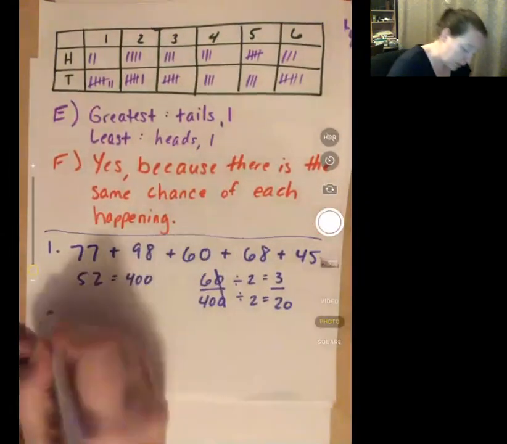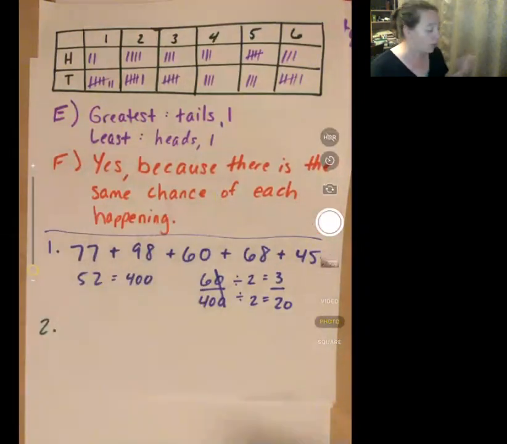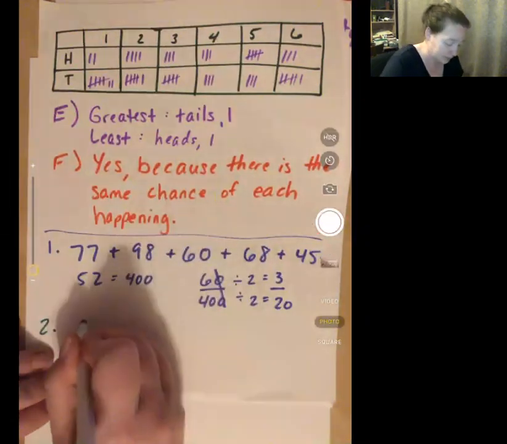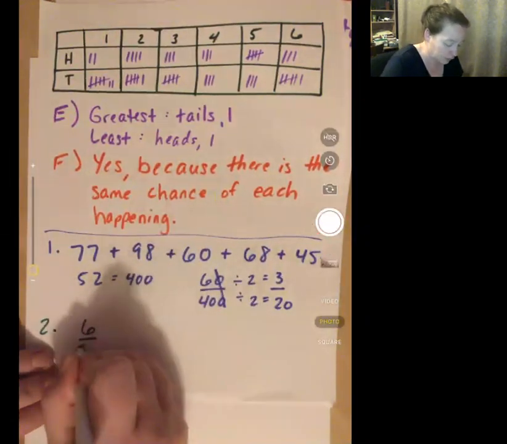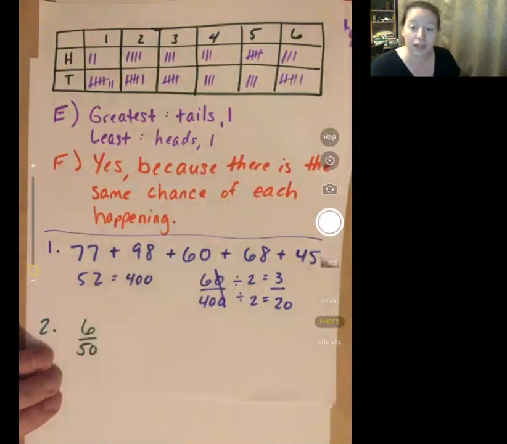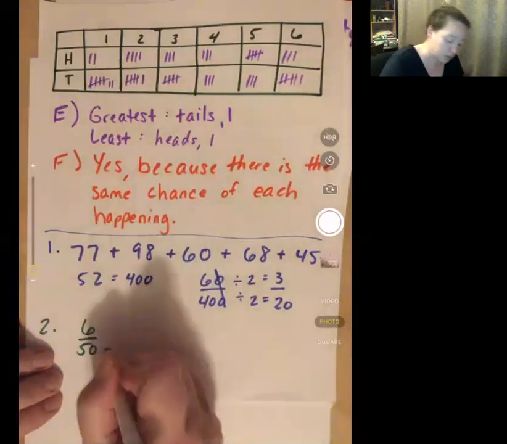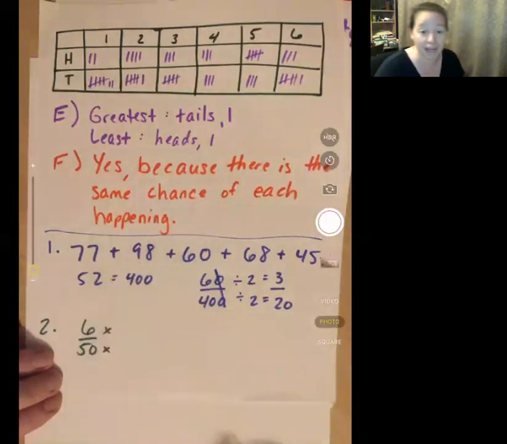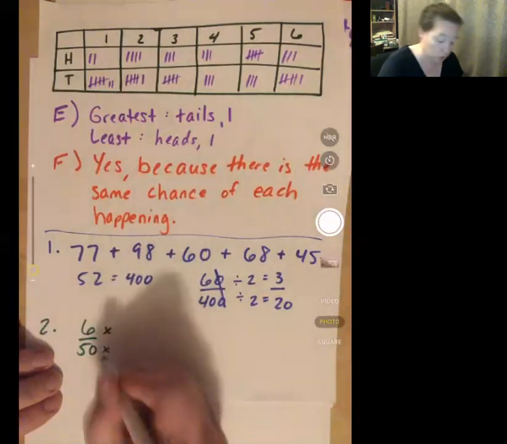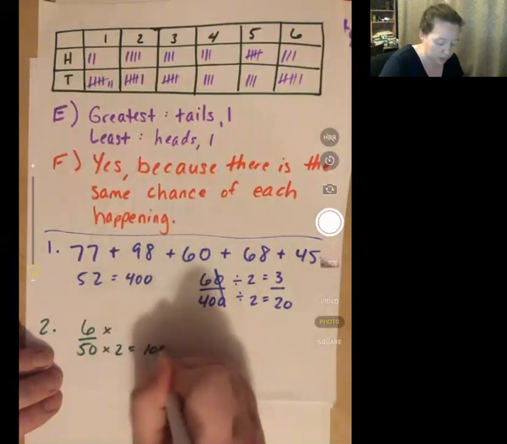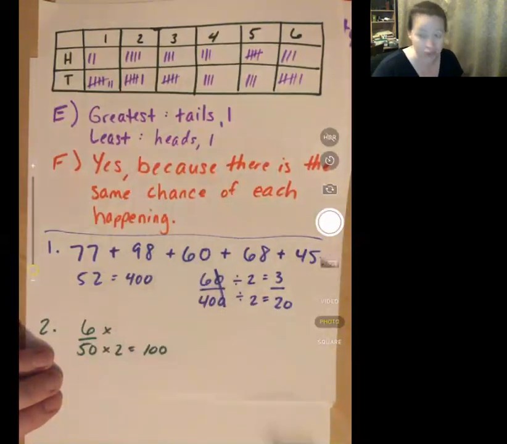And so we can just go, okay, so out of 50 vehicles, it was 6 out of 50. Now, what can I do to the 50 to make it 100? If I multiply it by 2, I get 100. Whatever I do to the bottom, I have to do to the top.